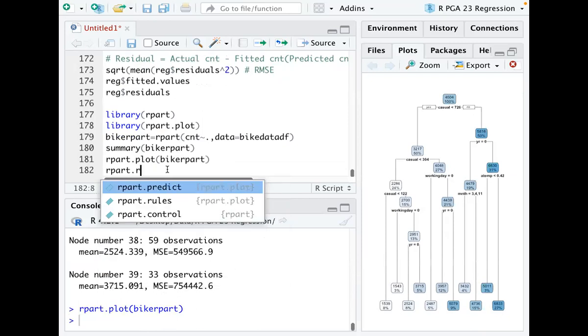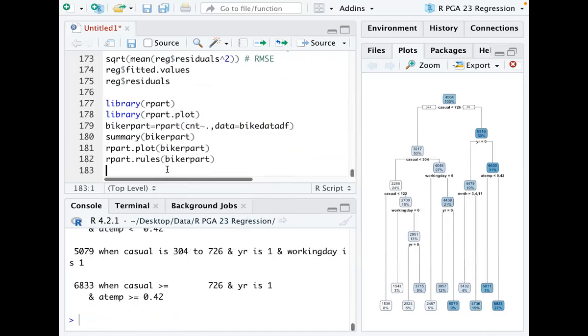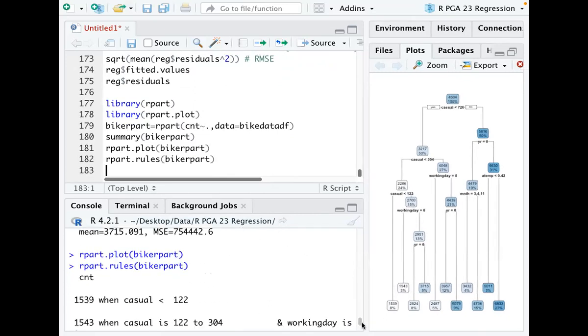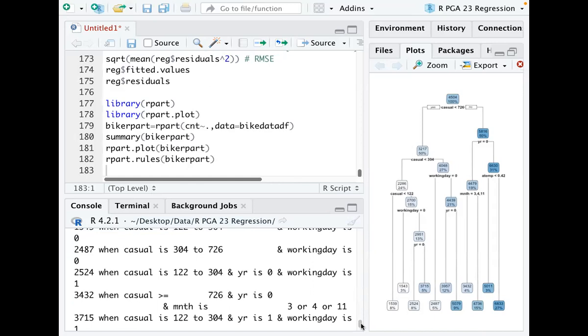rpart.rules(bike_rpart). So these are the rules. Now here we get predicted values. Count will be 1539 when casual is less than 122. 1543 if casual is 122 to 304 and working day is 0. 2487 when casual is 304 to 726 and working day is 0.